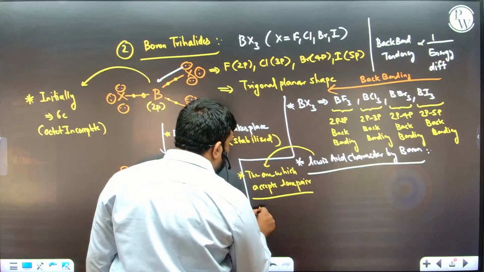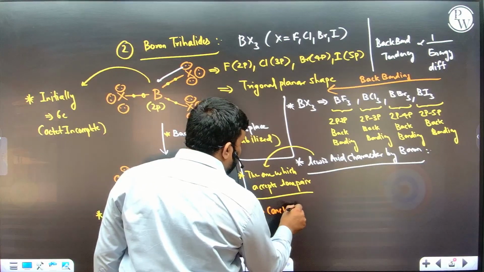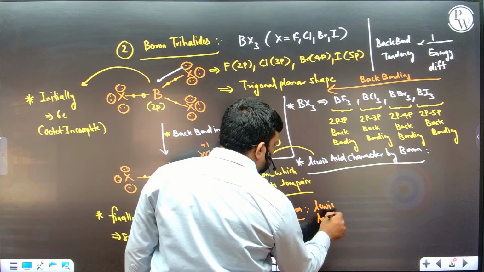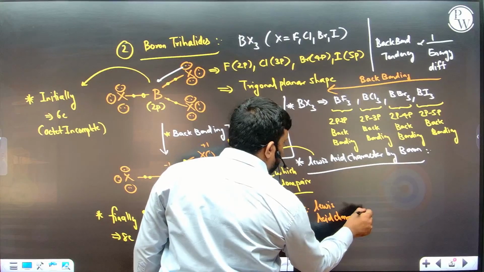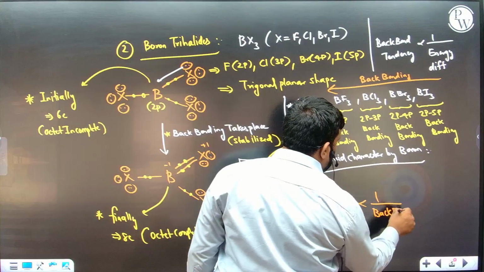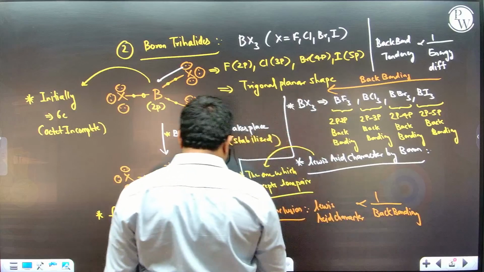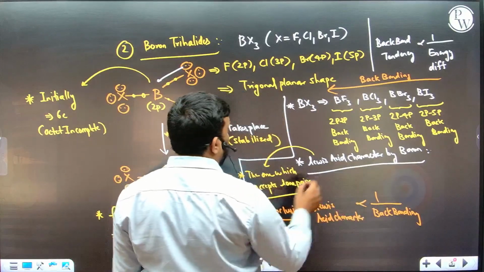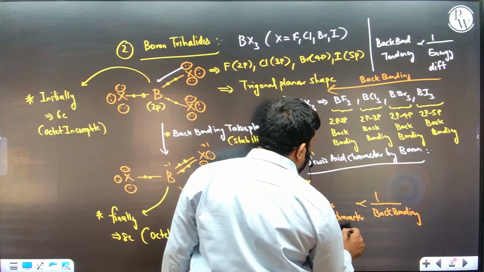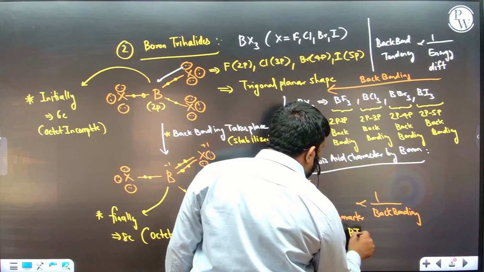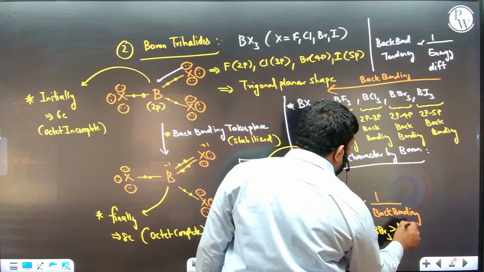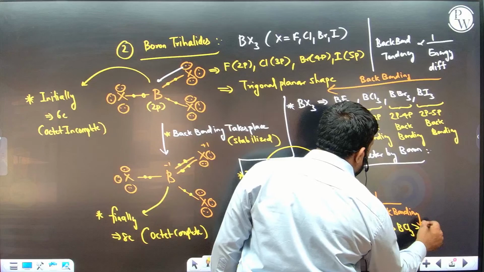The conclusion is Lewis acid character is inversely proportional to back bonding. That's why in the order of Lewis acid character, BI3 will have the highest Lewis acid character, then BBr3, then BCl3, and at the last BF3.